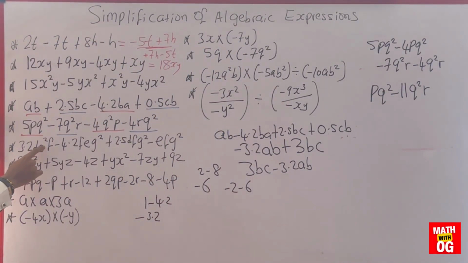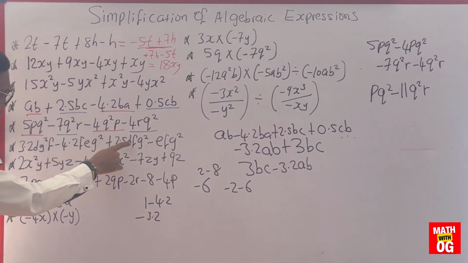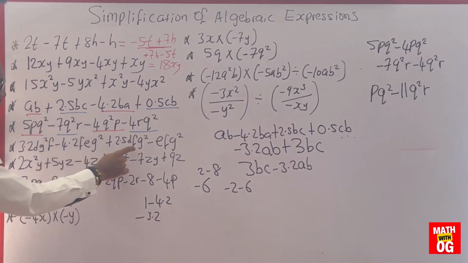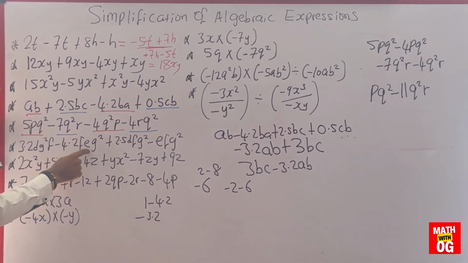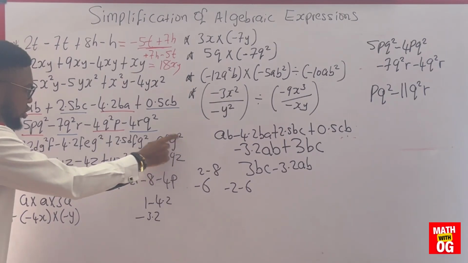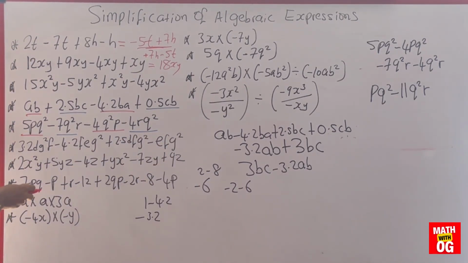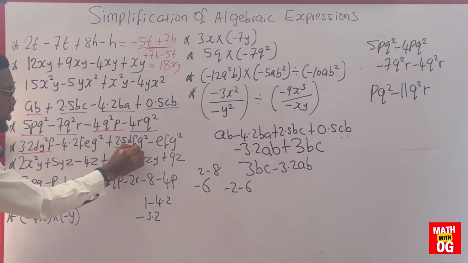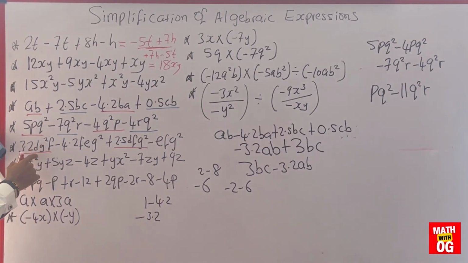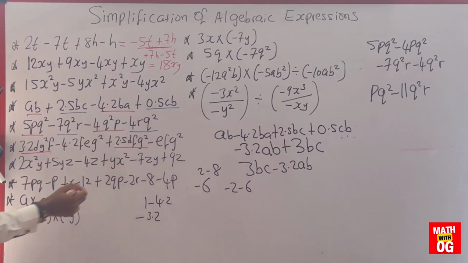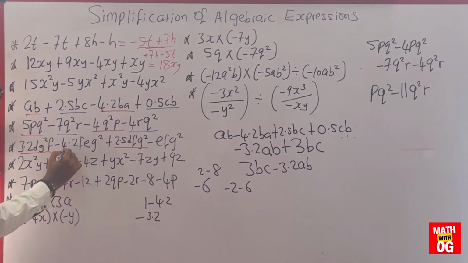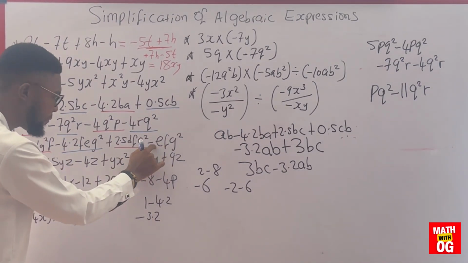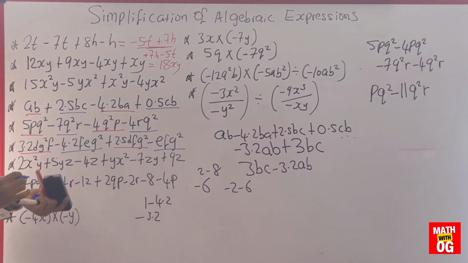We have DG squared F, DG squared F. So these two are the same. Now we have FEG squared, FEG squared. Those two are the same. Then you have minus FEG squared and FEG squared, so they are also like terms.